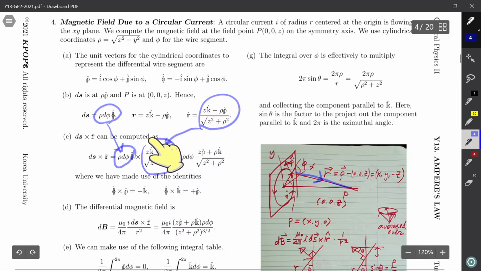We remember rho, phi, k hat construct a cyclic triad.